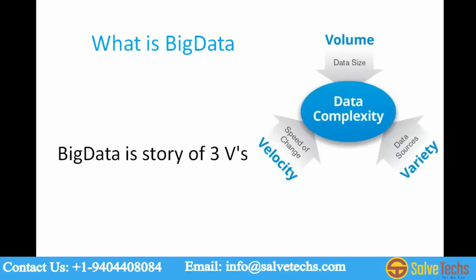In a few seconds, several accounts are created on WhatsApp, LinkedIn, and Twitter, and a large amount of data is exchanged over email, YouTube, and social networking websites. The third V is variety. We have transactional data, social networking data, YouTube videos, Google search, audios, and videos. So we have a variety of data generated over the internet, and we need to analyze this data for the future, for business intelligence.